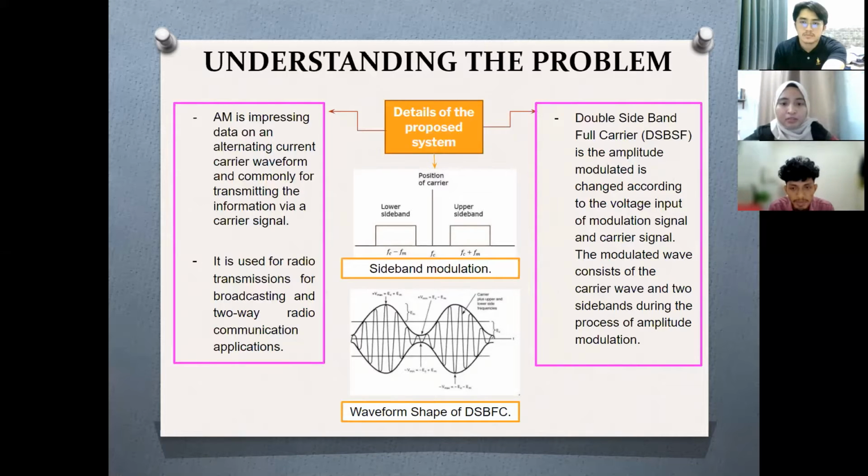It consists of the carrier wave and two sidebands during the process of amplitude modulation, while the sideband is a band of frequencies that contain power, which are the lower and higher frequencies of the carrier frequency. Besides, the output waveform of the double sideband full carrier is in envelope shape. We can see at the slide the output waveform shape of the DSBFC and how the amplitude changes.